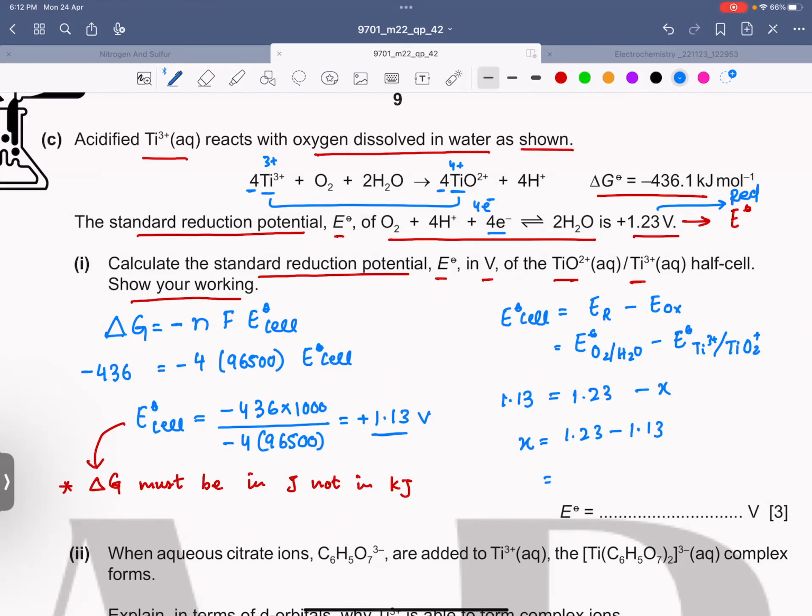So what would be the value now? 0.1, sir. 0.1 volt. So the answer would be 0.1 volt. Is this clear to everyone? Yes, sir. Yes, if anybody has any doubt, kindly ask.